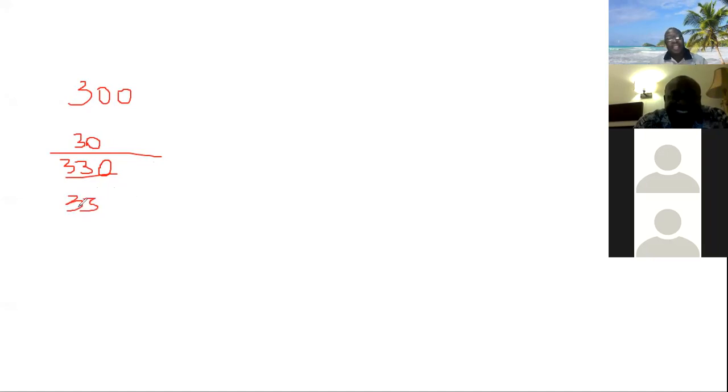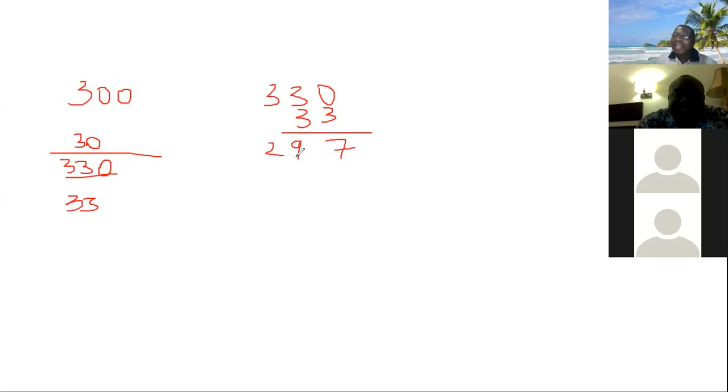I agree. If you remove 33 from 330, it gives you 297. So by the time the 10% happens, your sample size has gone below the minimum sample size.